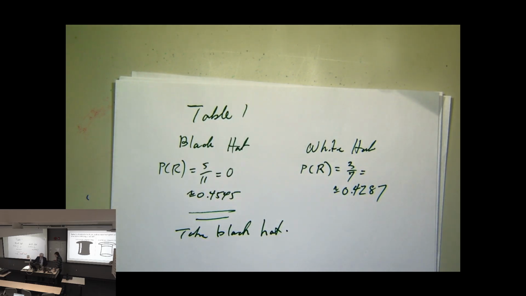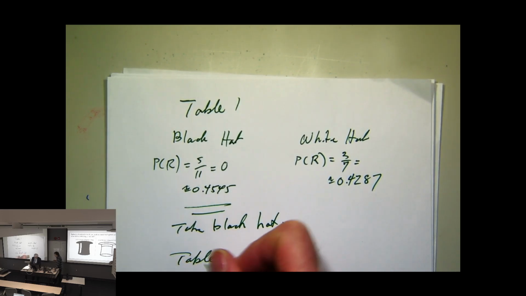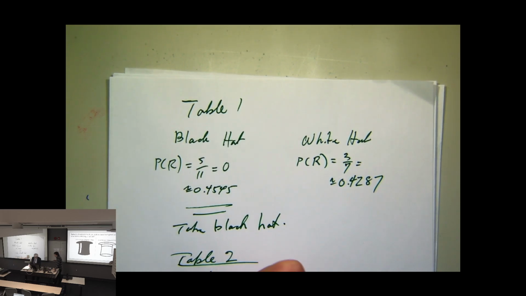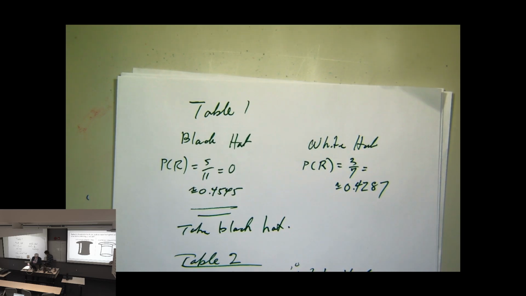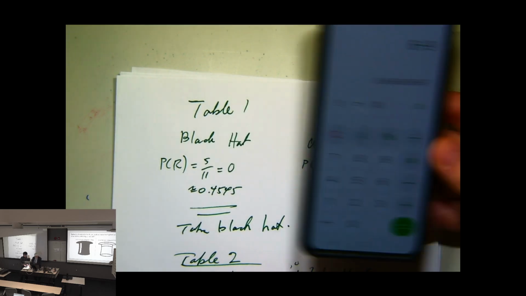Okay, let's go to another table. Question 2. So, table 2, we've got a black hat and a white hat, and they've got the balls, and let's see what we get here. Which hat should we take? Now, Mihai, we are going to require your... Oh, this one's actually one I can do in my head.